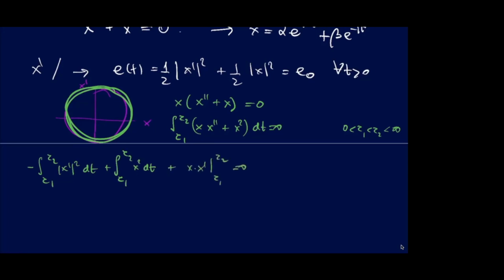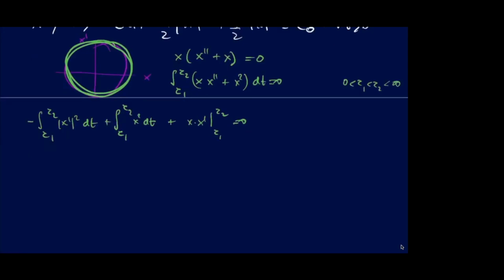And this is equal to 0. So this means that basically, when you look at the potential energy plus this remainder term, this will give you precisely the kinetic energy. So this is the kinetic energy, and this is the potential energy.